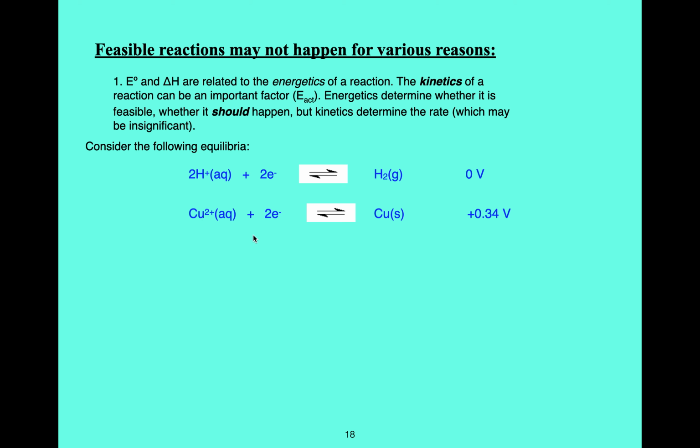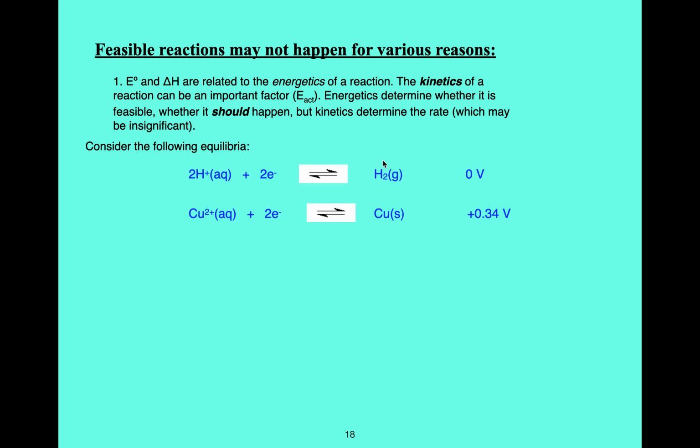This is a combination of two half cells, half equations that we will have come across before. You know that copper metal does not react with hydrogen ions. Copper is unreactive in dilute acid, isn't it? Now we know why. Look at this.